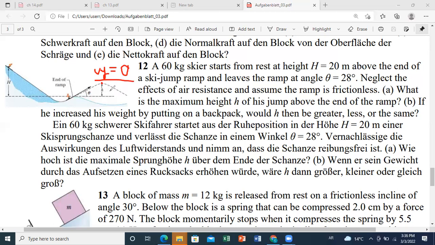Because it's projectile motion, Vy is minus gt plus V0 sine theta. We set it equal to 0, and we get that the time needed to reach the maximum height is t equal to V0 sine theta over g.